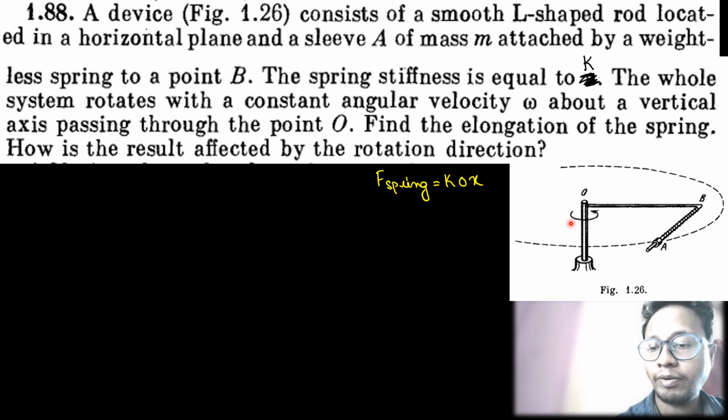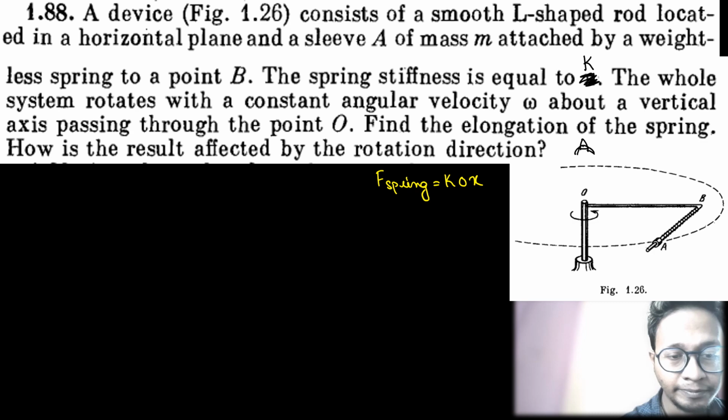Now as this L-shaped rod rotates, this bolt rotates in a circular orbit. The question is asking to find the elongation in the spring, or the value of delta x of this spring. So if we see the same diagram from top, what will happen?